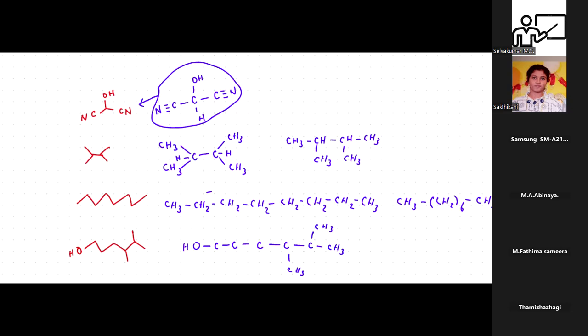Now adjust the hydrogens, each carbon has to have 4 bonds.